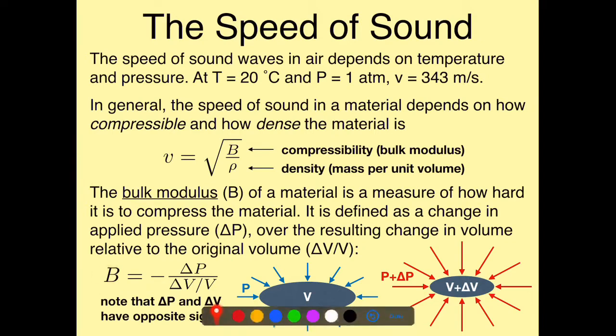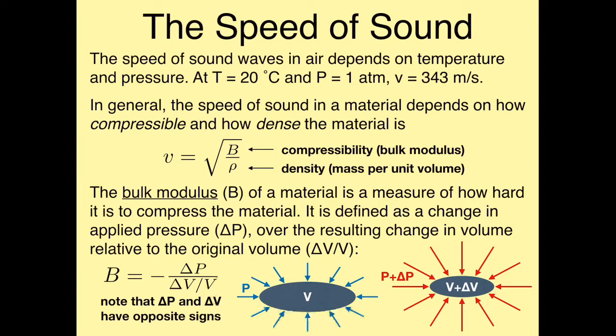B is equal to minus delta P divided by delta V over V. On top, we have an applied pressure, delta P. And on the bottom, we have a change in volume divided by the original volume. That's what you should think of when you see delta V over V. Delta V is the change in volume you get, and V is the original volume that you had.